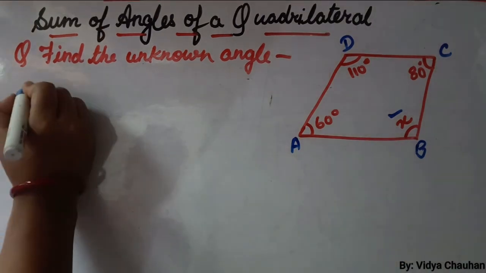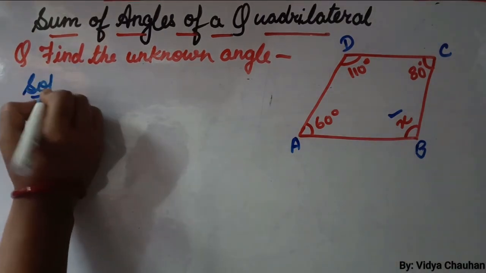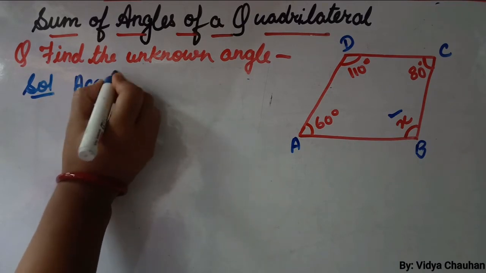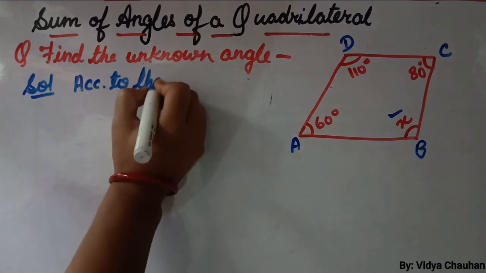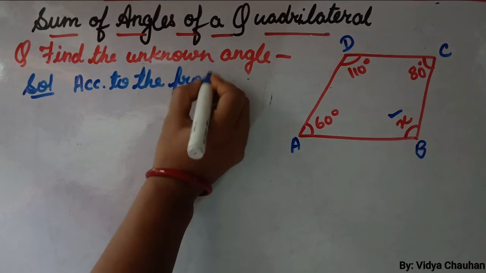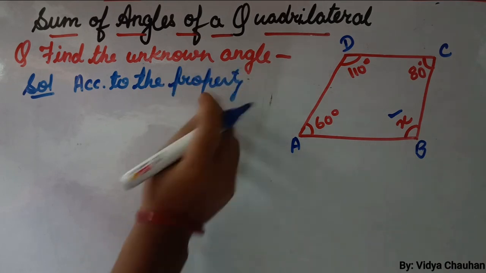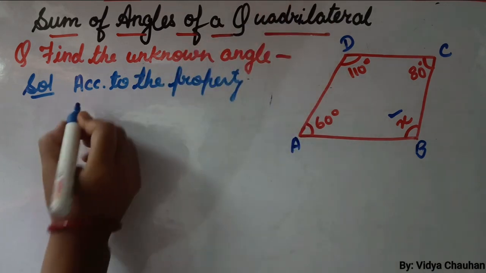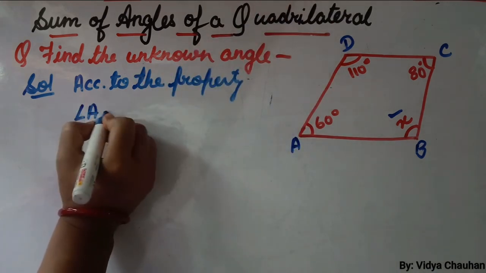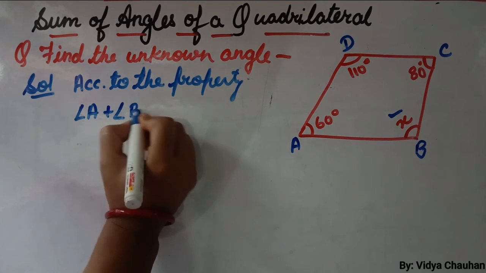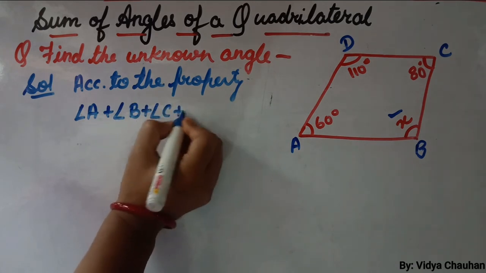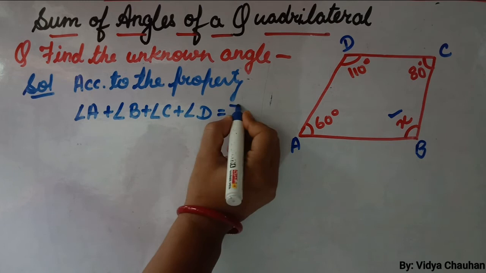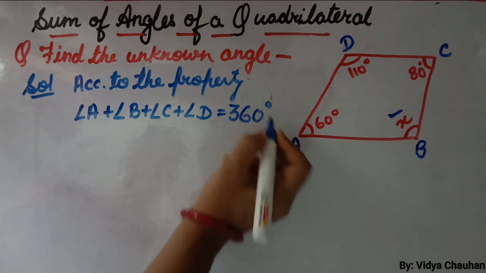So let us see how to do that. So students, we will start our solution like this. According to the property. Which property? We will use the property of quadrilateral. So according to the property of the quadrilateral, the sum of four angles is equals to 360 degree.